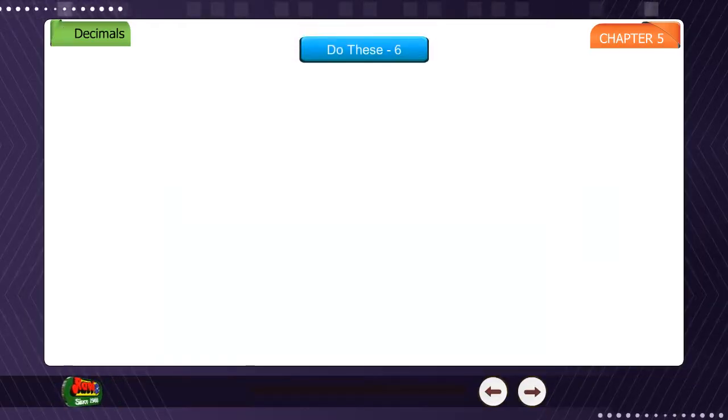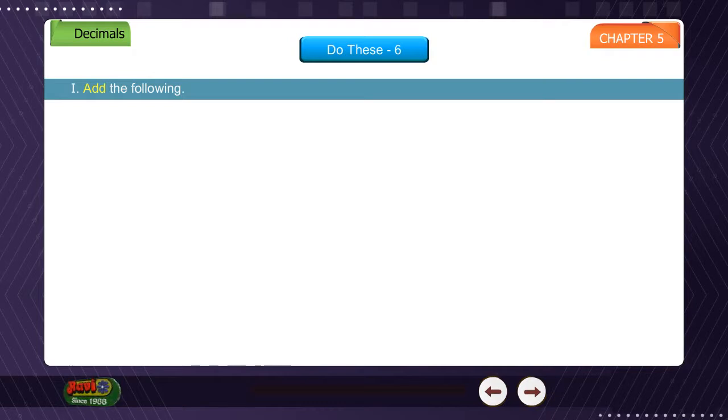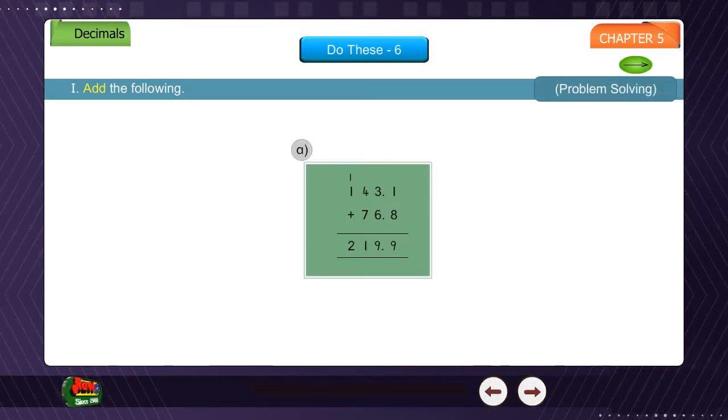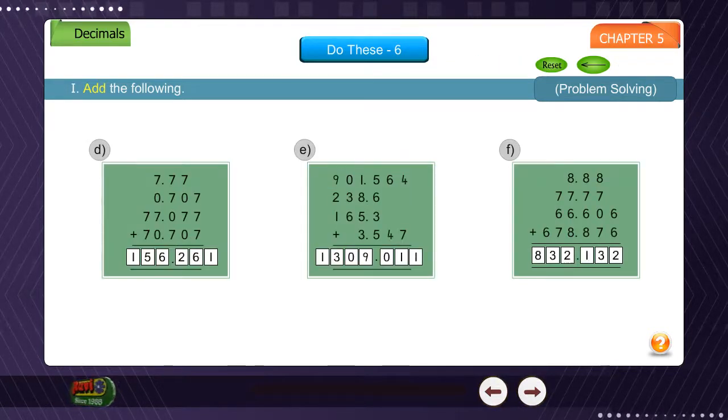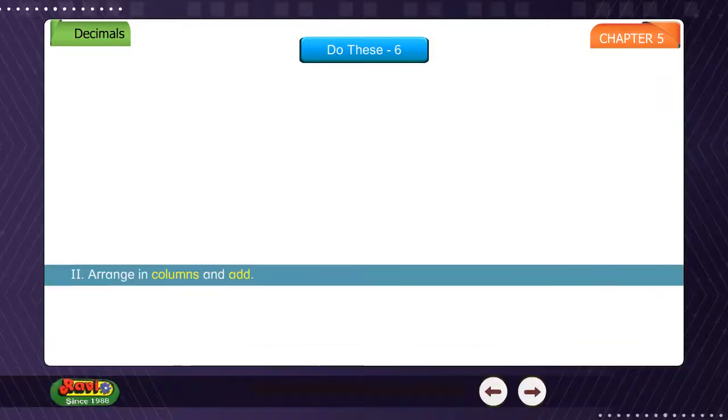Do these 6. 1. Add the following. Problem solving. 2.